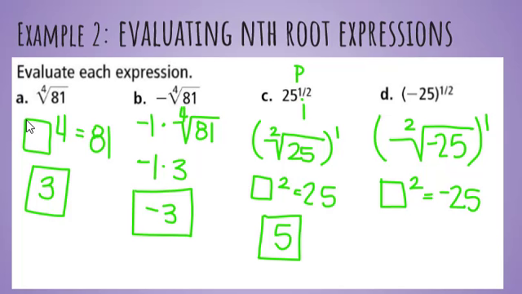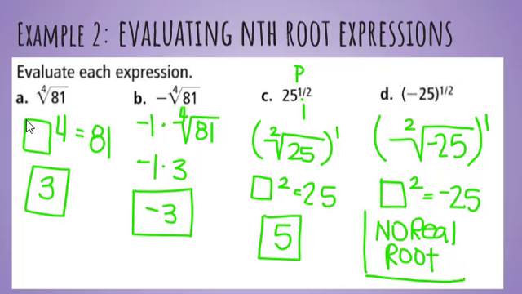This isn't going to work because if I have a positive times a positive, I get a positive, and if I have a negative times a negative, I get a positive. Because we're squaring something here, it has to be two of the same number. So our answer here is no real root. There is actually an answer to this type of problem, but you won't learn about it until Algebra 2.